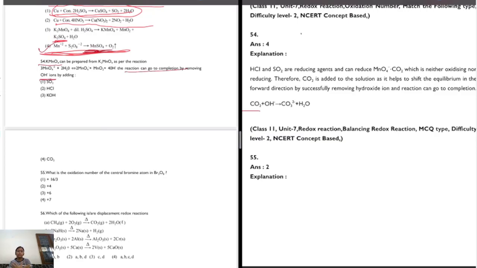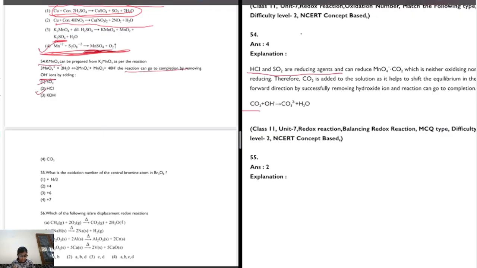See, whenever we have to shift the equilibrium to the right hand side, that is to the product side, or we can say that when we want the reaction to move towards completion, we either add reactants or we remove the products. Therefore, we'll see that HCl and SO2 here are reducing agents.